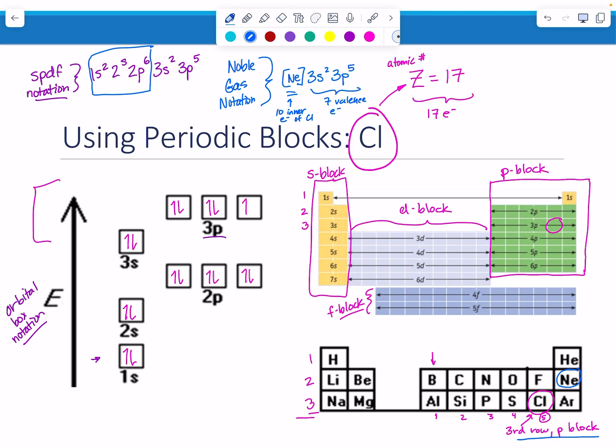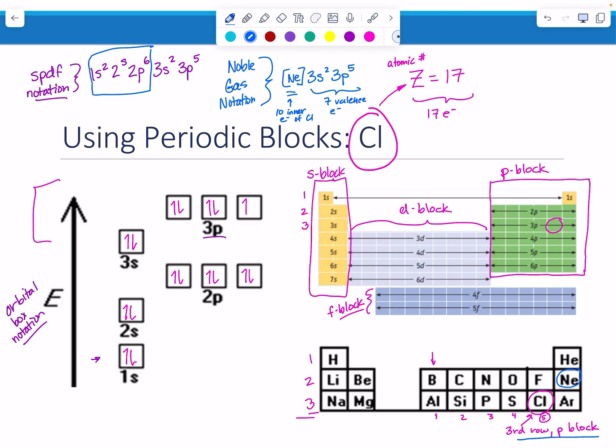So that's thing number 1. Thing number 2, look at your periodic table. Look at chlorine. What is the group number of chlorine in the AB notation? It's 7A. That number, 7, tells us how many valence electrons we have.